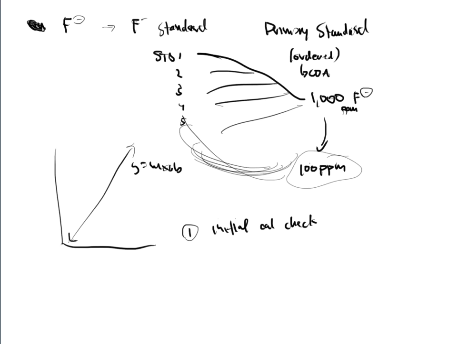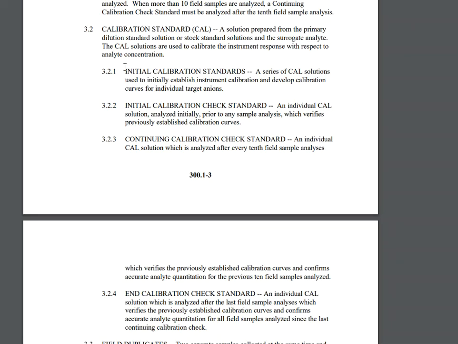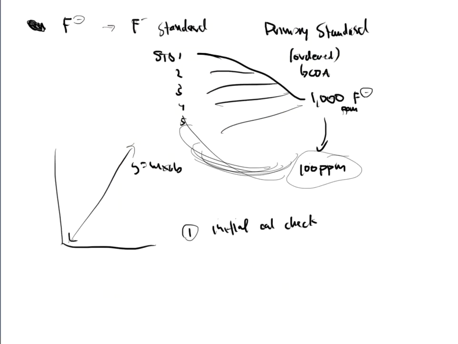All right, so let's look at that definition in a little more detail. It says that the initial calibration check standard is an individual cal solution analyzed initially prior to any samples, that verifies the established calibration curve. Okay, so what does that mean?